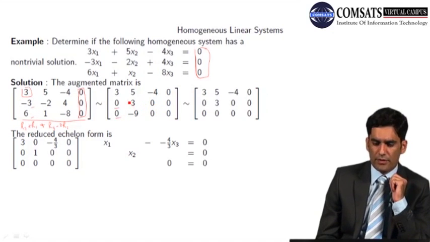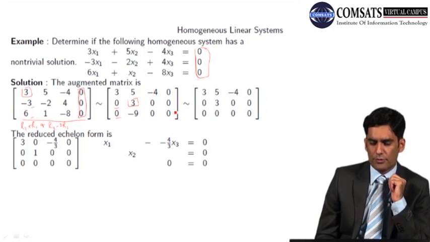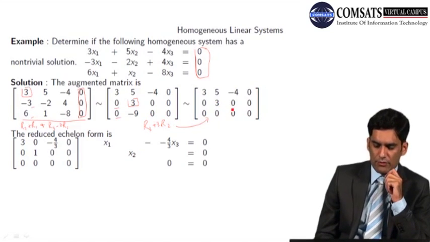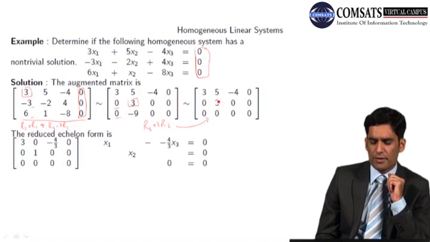Next pivot element is this one, and I have to make all the entries below this pivot element 0. So I will do the row operation R3 plus 3 times R2, and I reach this matrix. We have pivot elements and all entries below are 0. If I want to get the reduced echelon form, above the pivot element I have to make 0.